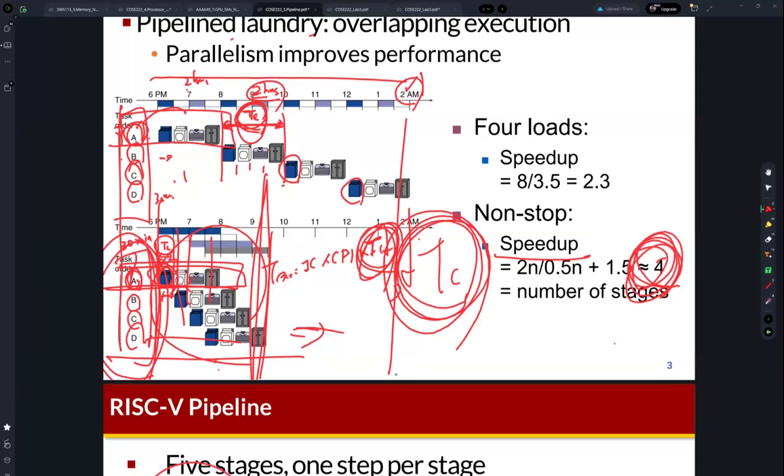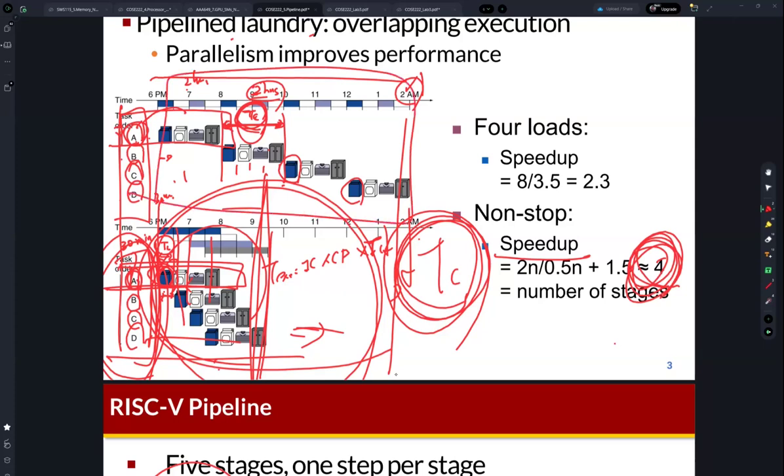So this design can receive a task every 30 minutes, but the other design receives a single task every 2 hours. So the speed up is 4.